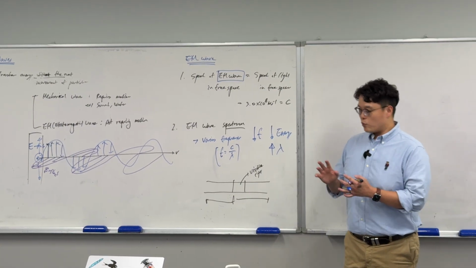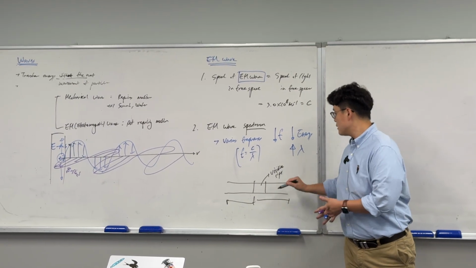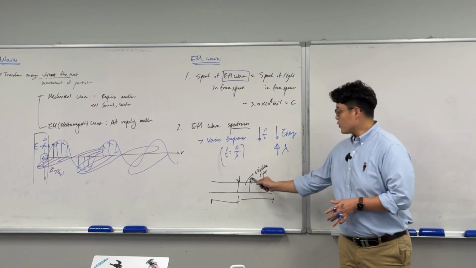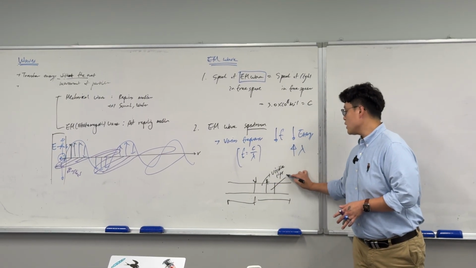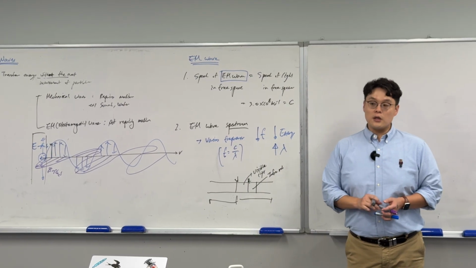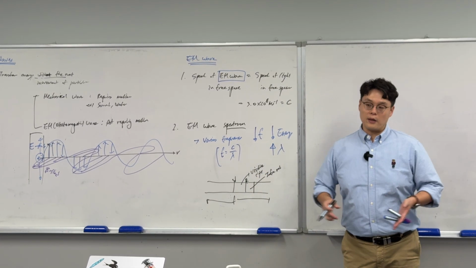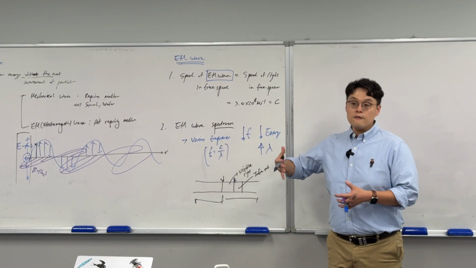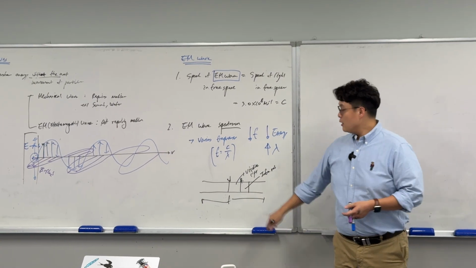Visible light starts from the really low frequency of the red, all the way to the violet and the blue. Before the red, we have a section called infrared. Red has a lower frequency but longer wavelength. Infrared is before the red.